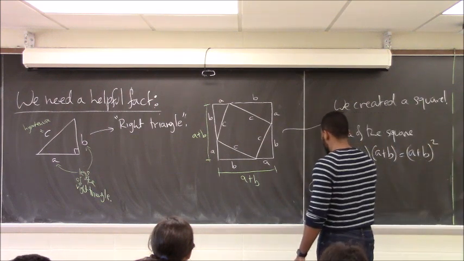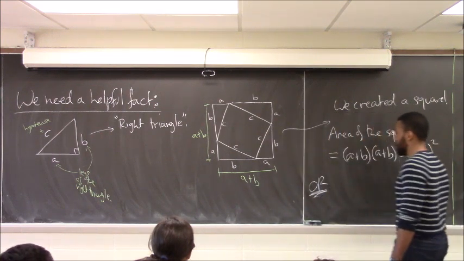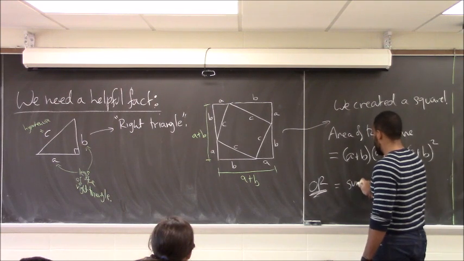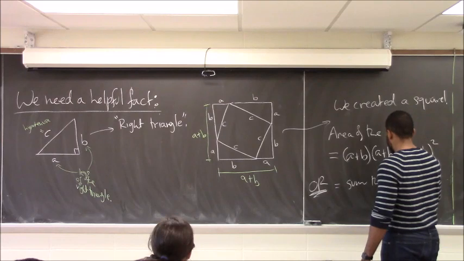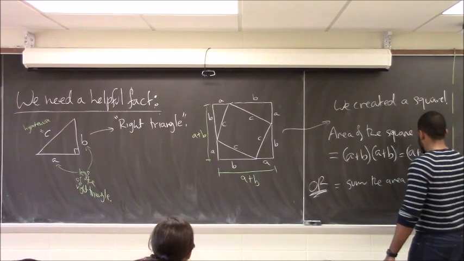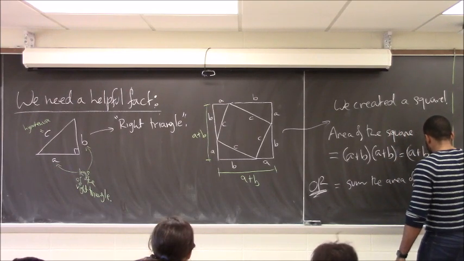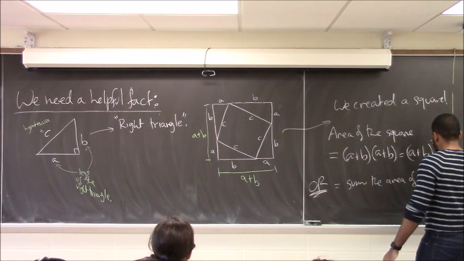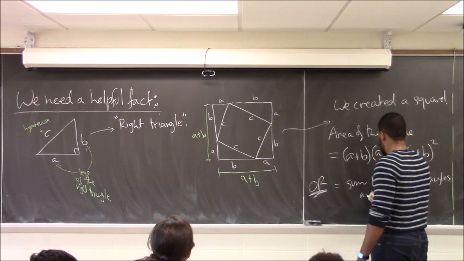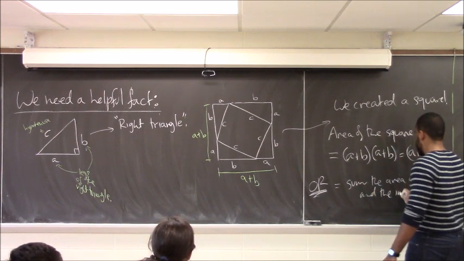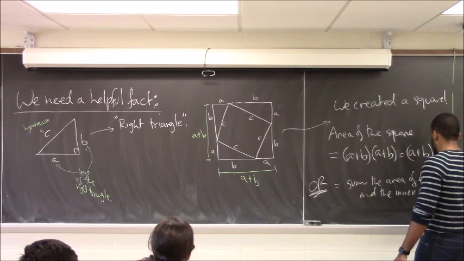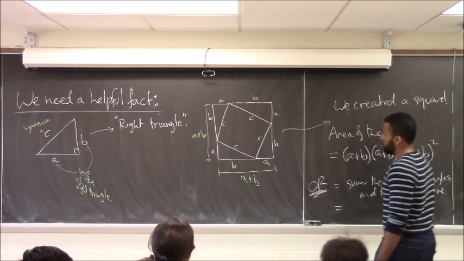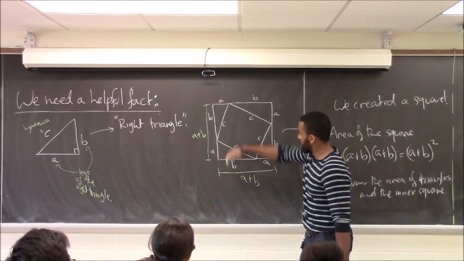Or, we can find the area of the square in a different way: we can sum the area of the triangles and the inner square.